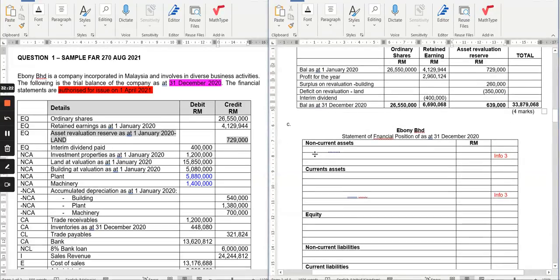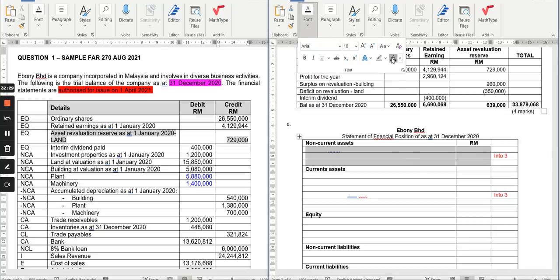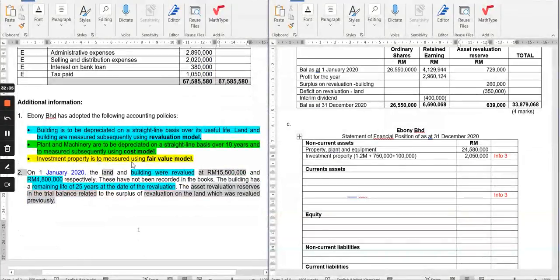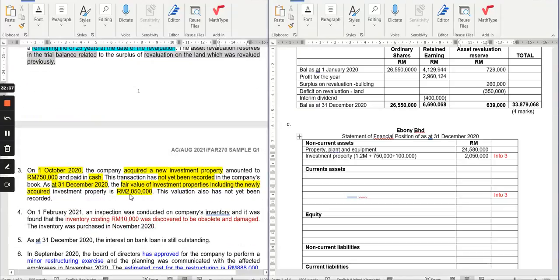Next, you will prepare your items here, which is your PPE. Your IP, as I mentioned earlier, would be from the information given here. Remember, 2050, you can straight away take this.